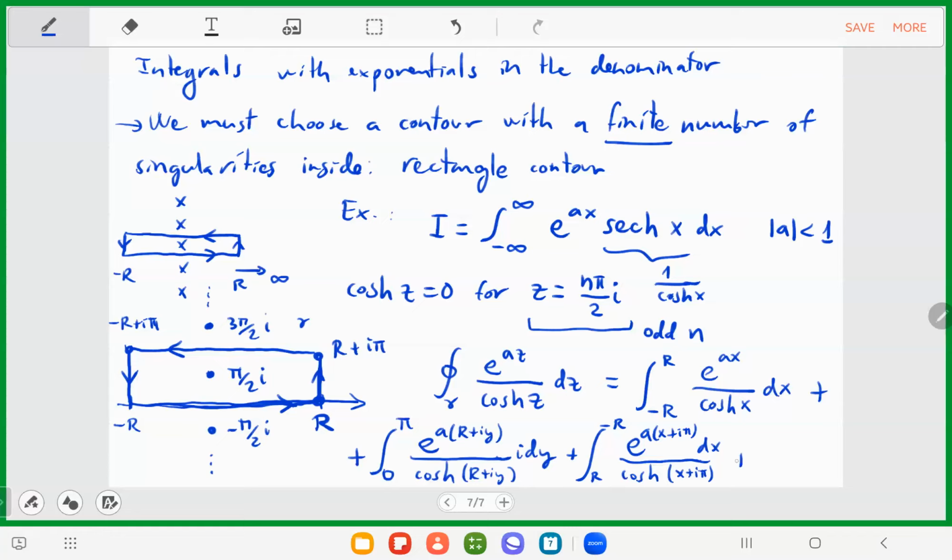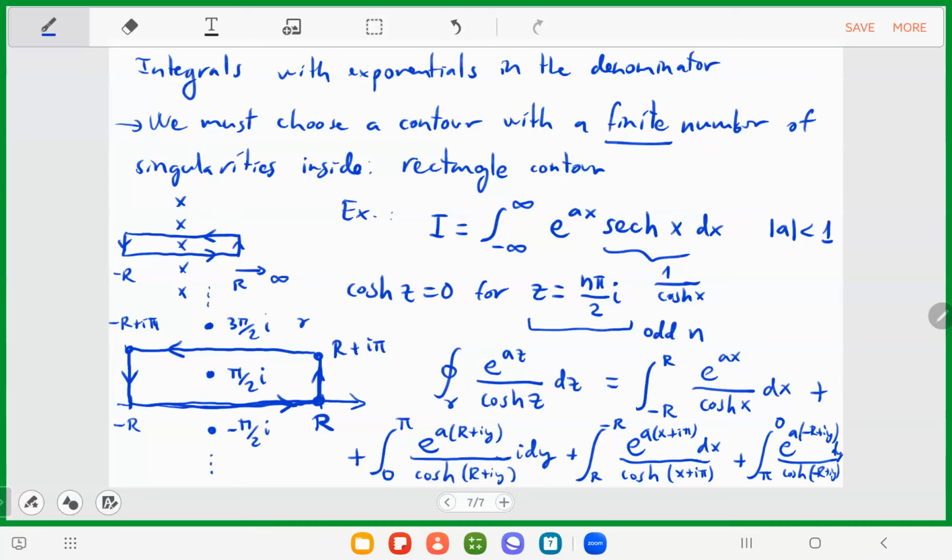And the final piece going down vertically, again, is an integral along y, starting at π, ending at 0. And now the exponential will be of a times (minus r plus iy), over the hyperbolic cosine of minus r plus iy, dy. Sorry, I ran out of space.